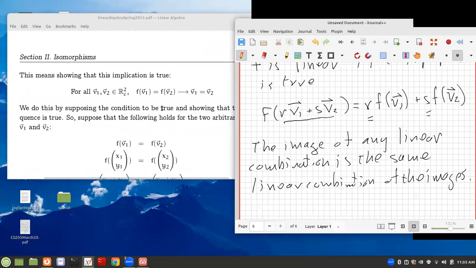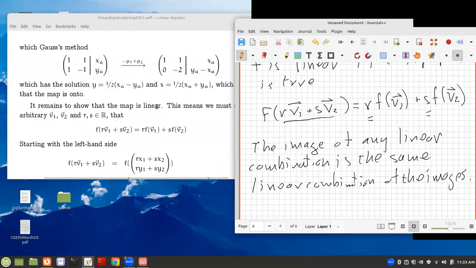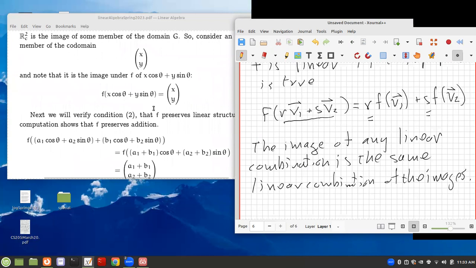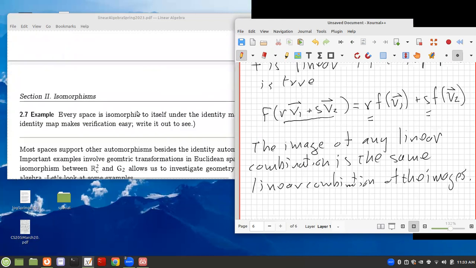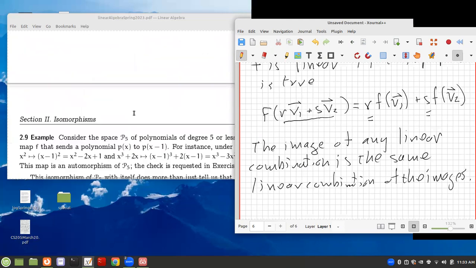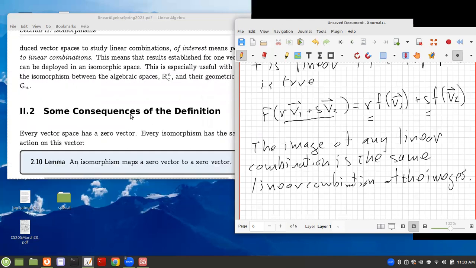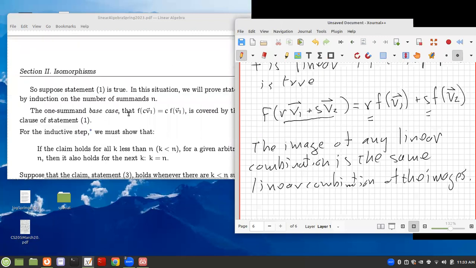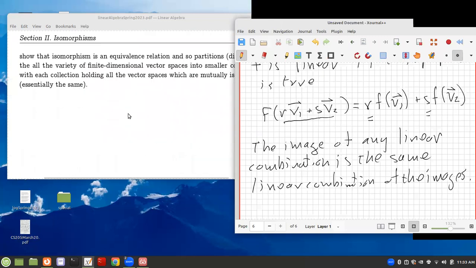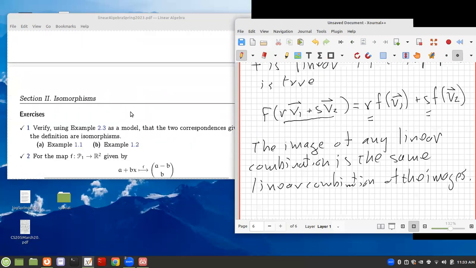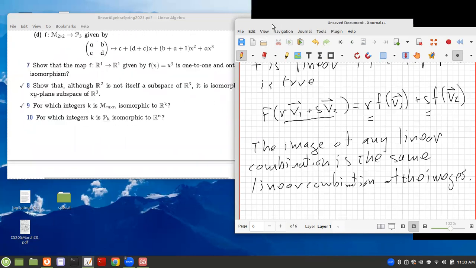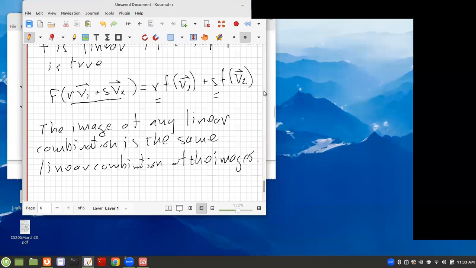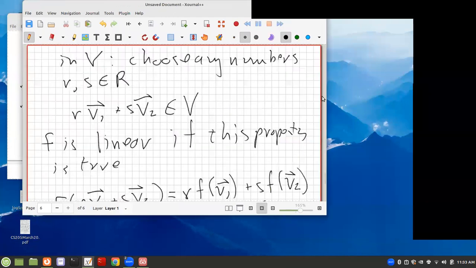I'm going to the second part of this first. Well, instead of going through there, we'll pick up with the text.